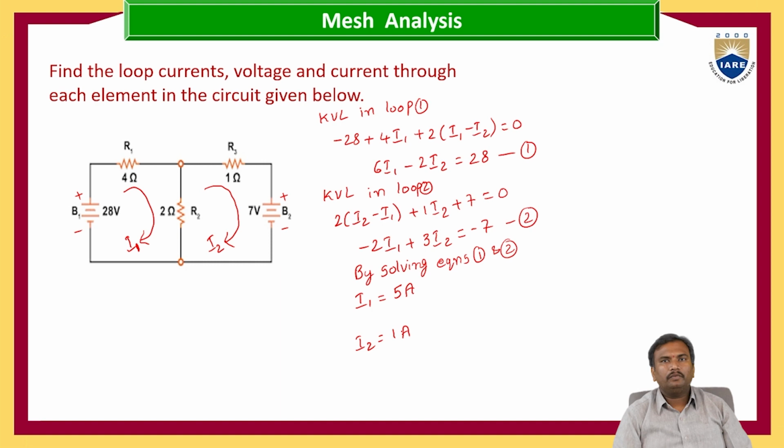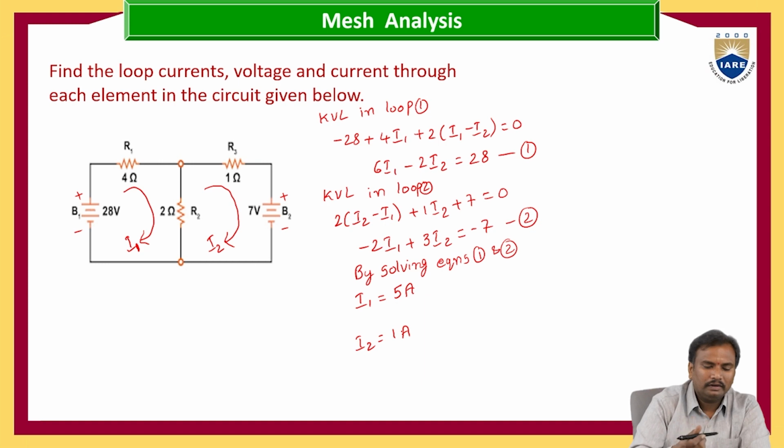These are the loop currents we got, that is I1 and I2. Now we need to calculate what is the voltage across each element and what is the current flowing through each element. Let us go with the calculation of voltage and current through each element.